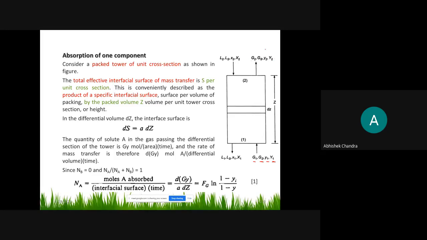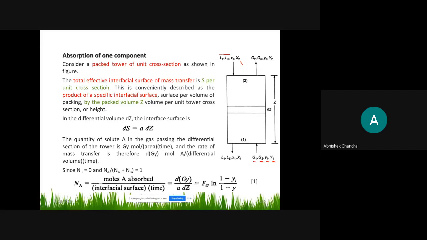Similarly, this is the leaving flow rate and its composition, and the liquid composition and the liquid flow rate. Here L2 is the entering liquid flow rate and Ls is on a solute-free basis, and x2 is the composition represented in mole fraction and capital X2 in mole ratio. Similarly the leaving. So this is the tower.